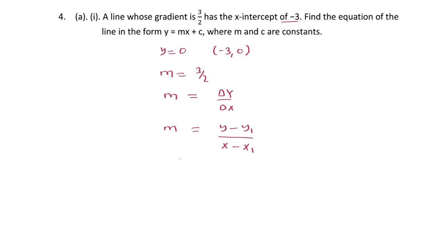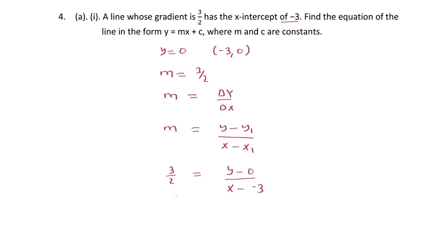Okay, so now let us substitute these values into our formula. Our equation is going to be 3 over 2 equals y minus 0 over x minus -3. Let us now compute our right hand side.